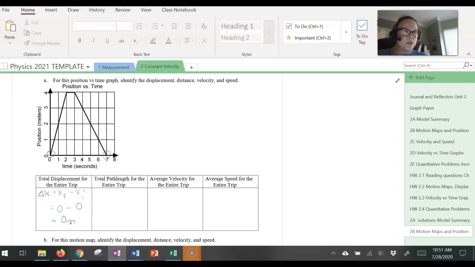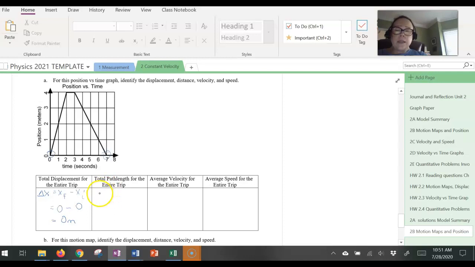Now, let's look at the path length. Path length, which is also called distance, is the entire path length that the object moved, counting every step and ignoring the direction. So each step that's made, I'm considering that it's in the positive direction.